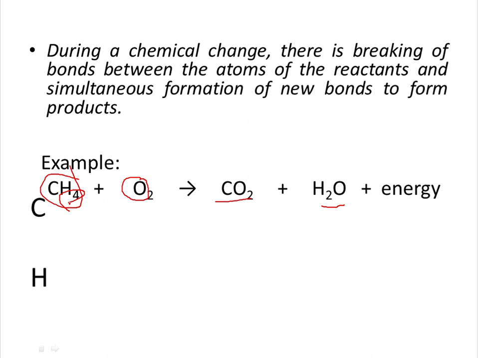It breaks into carbon and hydrogen. Similarly, the oxygen molecule breaks into individual oxygen atoms. So methane has broken into individual carbon and hydrogen atoms, and oxygen has broken into oxygen atoms.